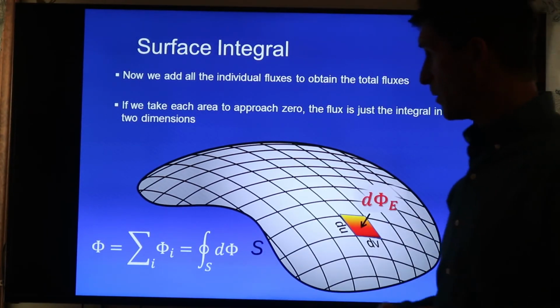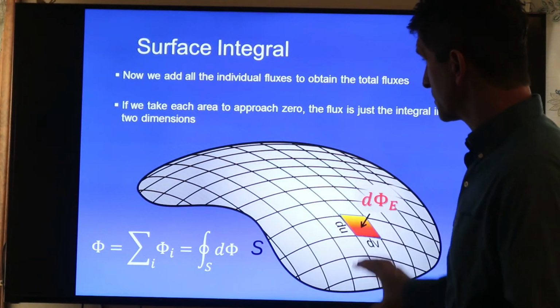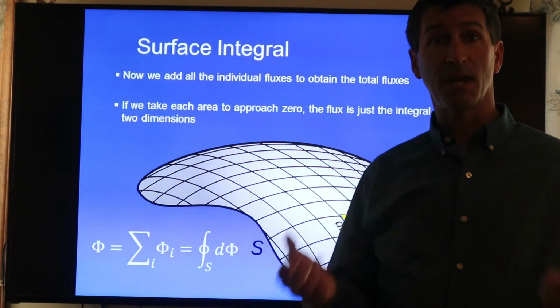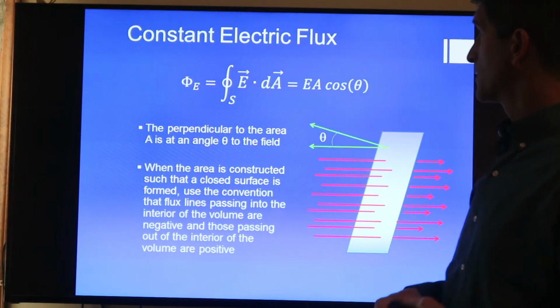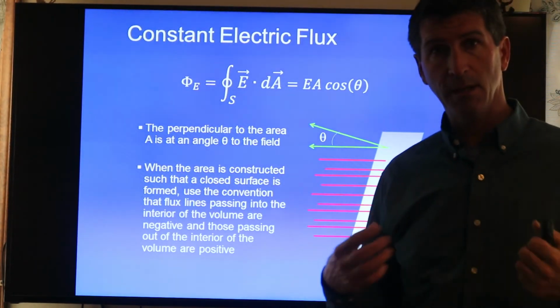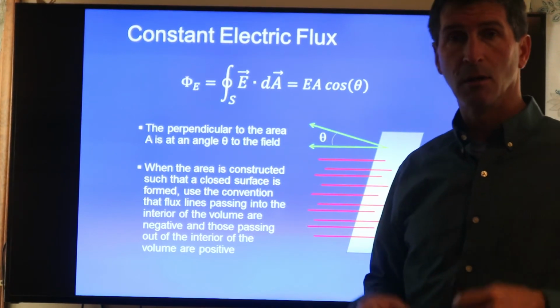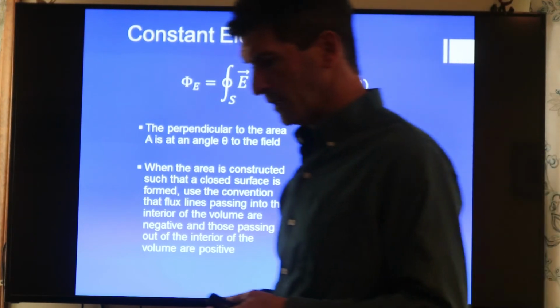But remember, integrals are very much like summations, where you're doing a summation of all these individual points, infinitesimal areas, if you will. Okay? So again, here is our electric flux equation. We got an idea conceptually of what we're going to try to do here.